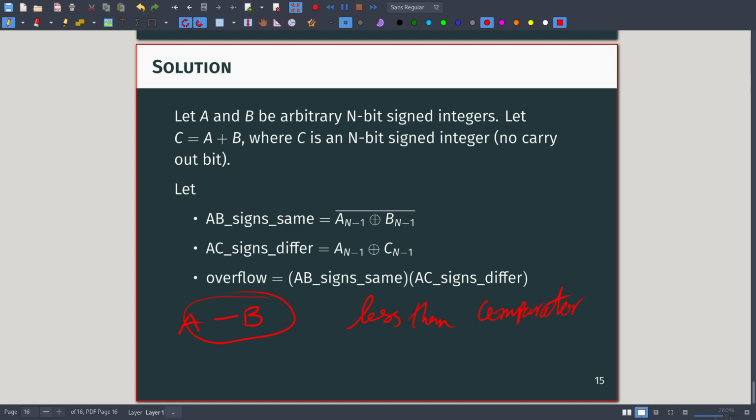You do this by saying it's equal to a plus negative b. And these are probably just going to get inverted or whatever, but you do want to consider it, because if overflow occurs in your less than comparator, that's bad news. And you're going to get invalid results.